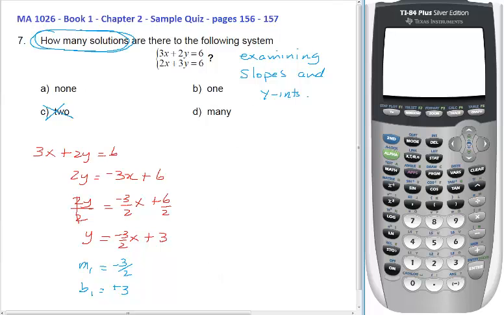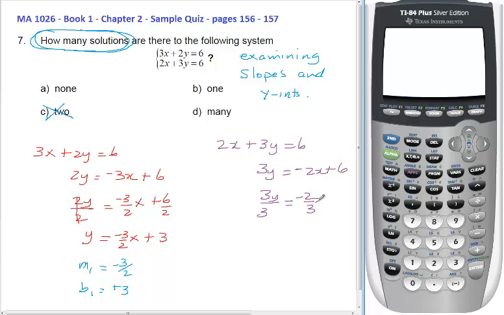Now we're going to do the exact same thing and repeat this for the second equation, which is 2x plus 3y equals 6. Same thing: subtract 2x from both sides, which means moving it and changing the sign. I like to move it in front. Then divide each term by the coefficient of y.